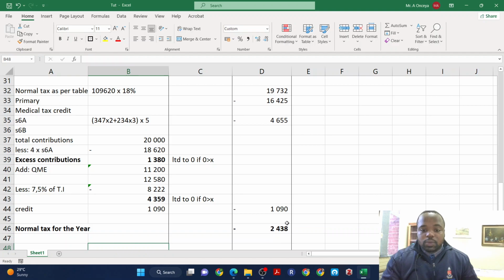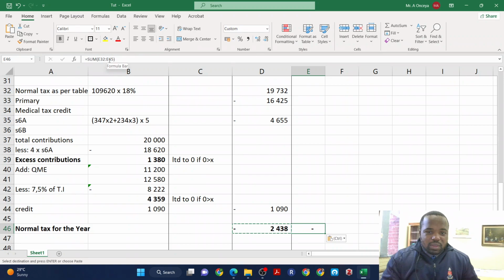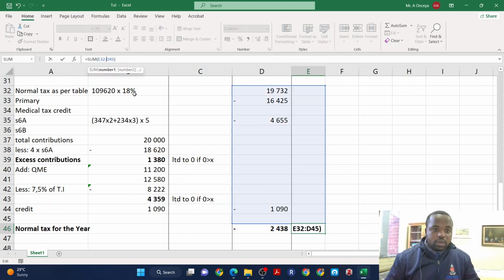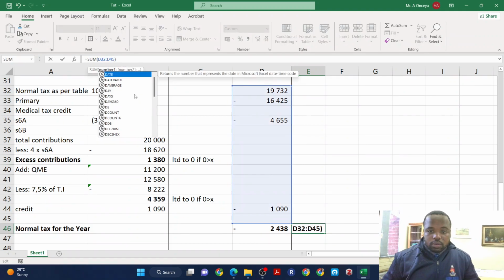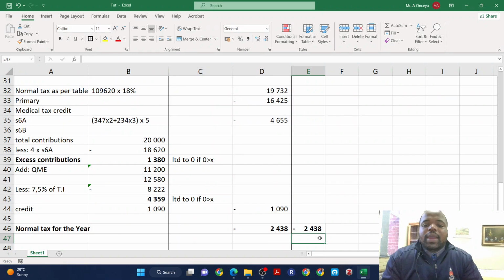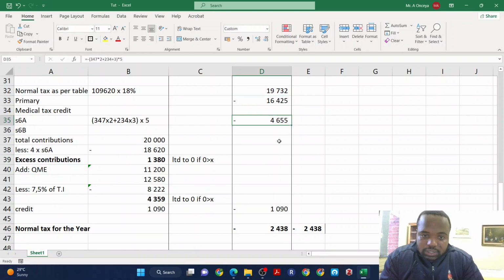It's minus 2,000. I want to copy this here. Okay, change this to D. Change this to D. So right, it's minus 2,438. But this negative amount is because our rebate and our 6K pay and 6K B are more than the normal tax payable as per the table.